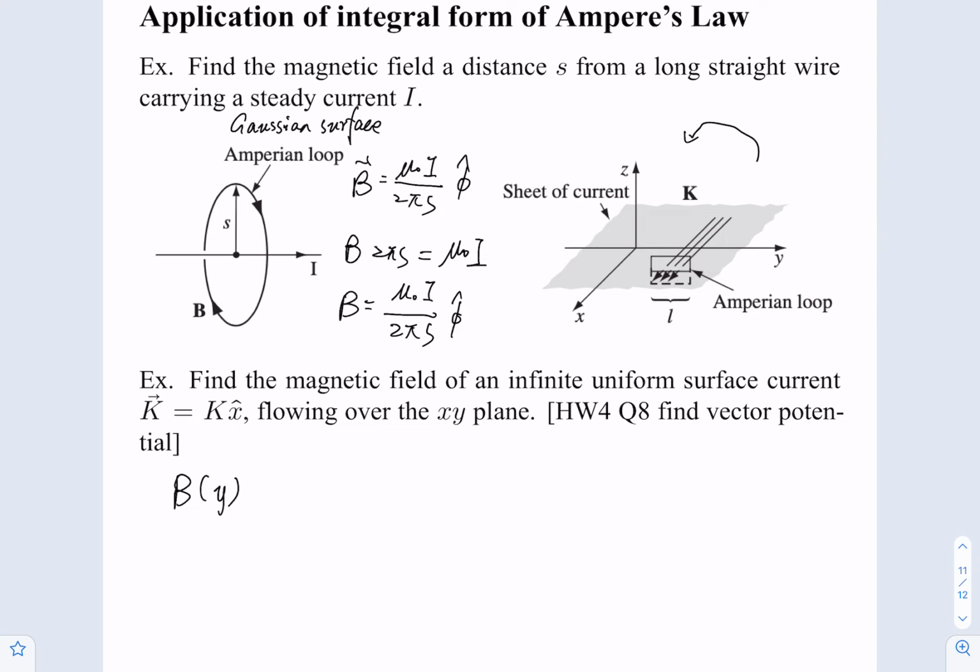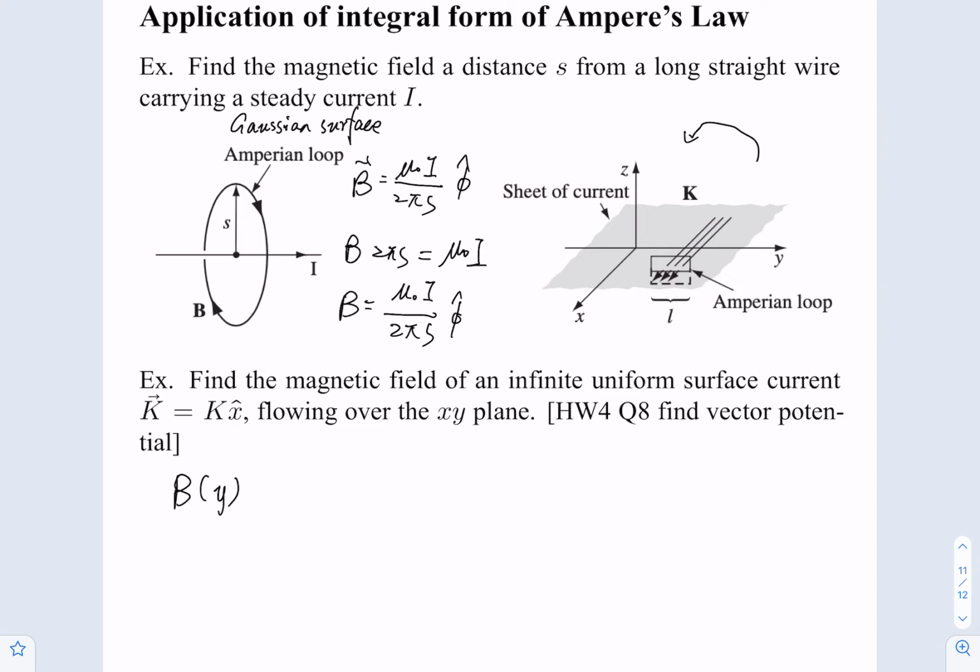It's a rectangle that goes slightly upwards above the surface, and also across below the surface.